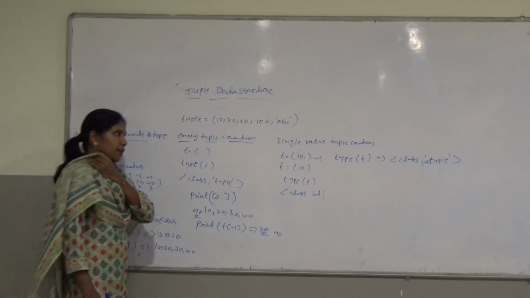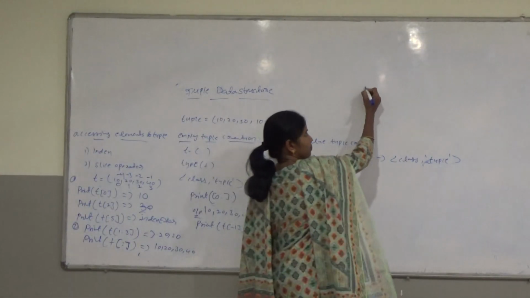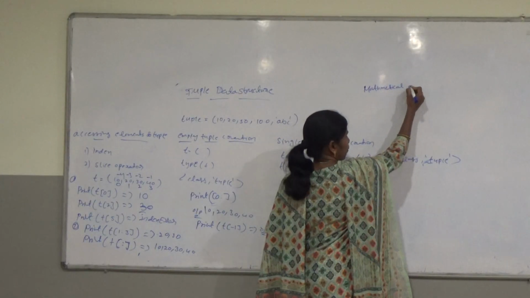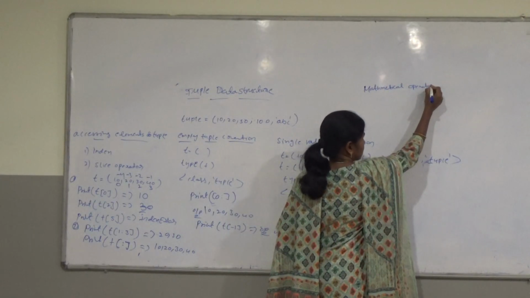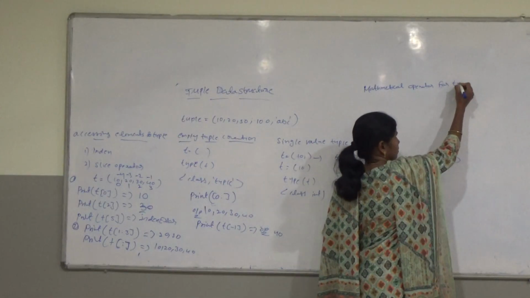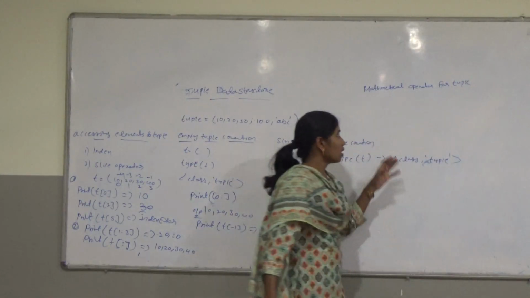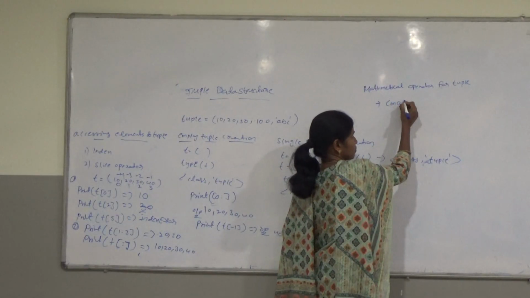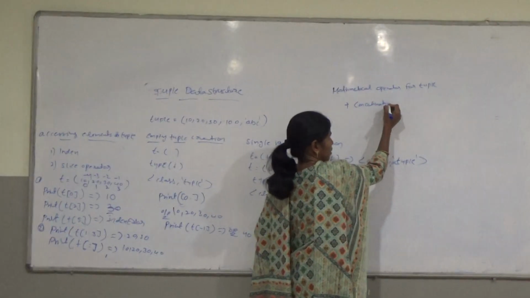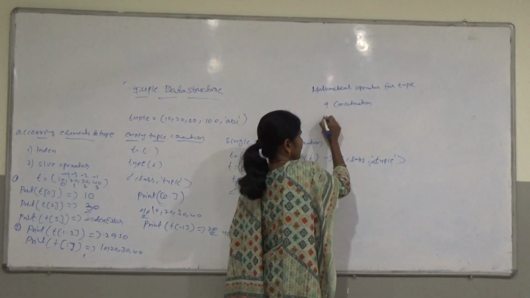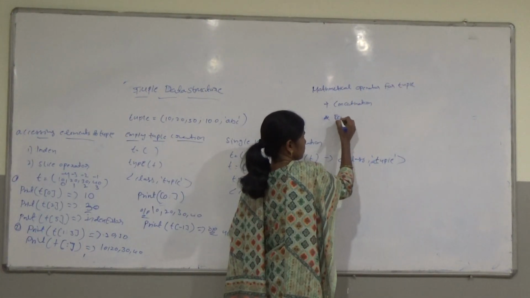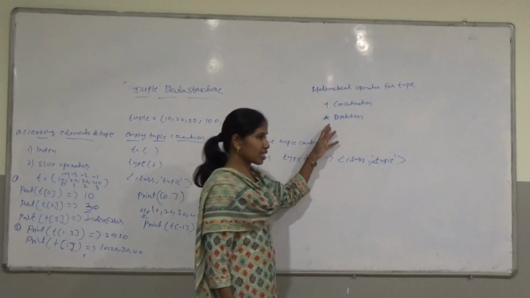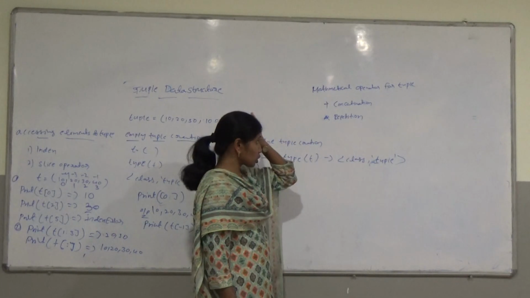Next, mathematical operators for tuple. Here plus means concatenation. Next, star means repetition. Concatenation means adding two tuple objects.